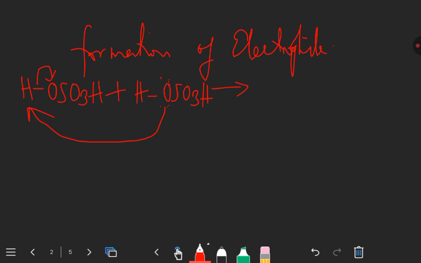So what you're going to form is this kind. So you just attach a hydrogen to where there is oxygen.